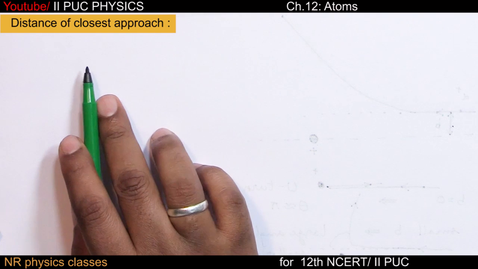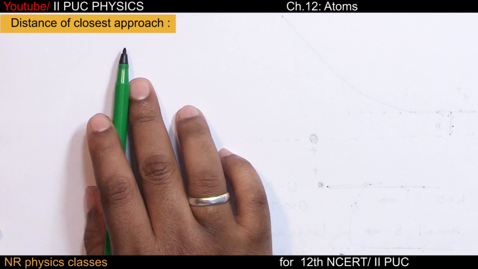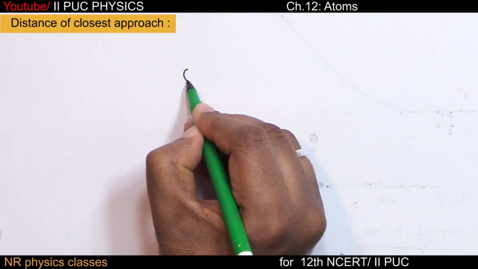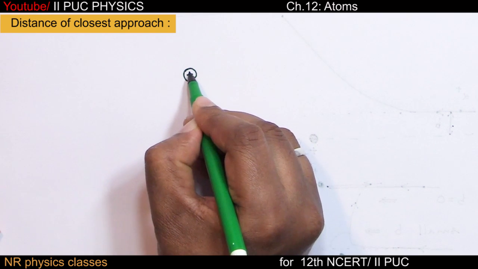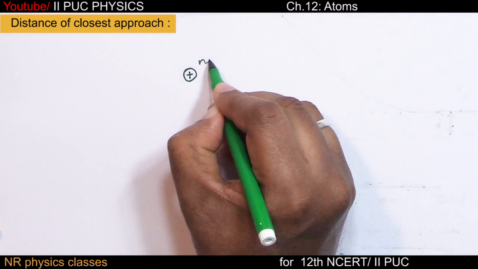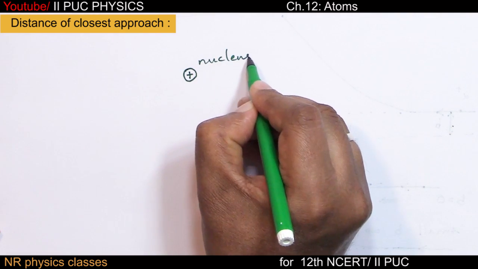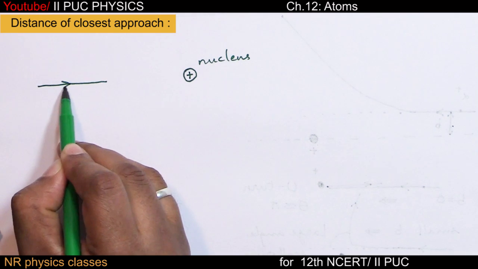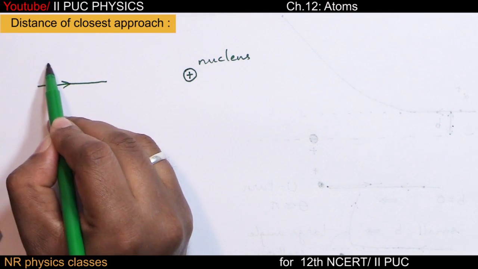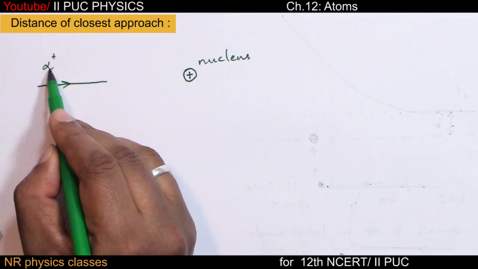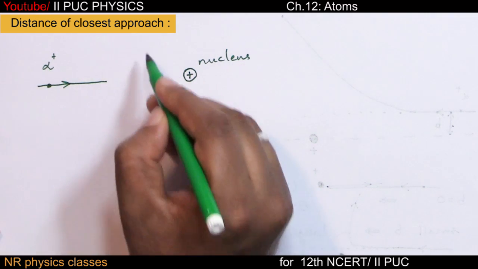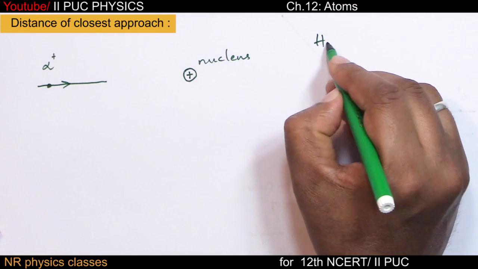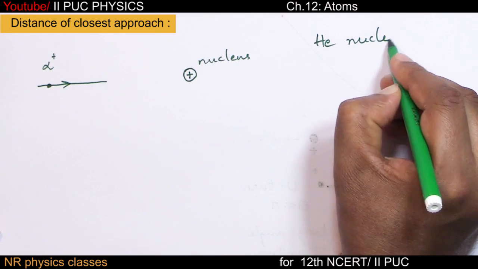Now the distance of closest approach. This is the nucleus, positively charged. This is the alpha particle. This is also positively charged, isn't it? Alpha particle means helium nucleus.